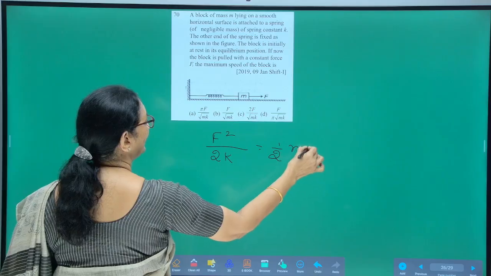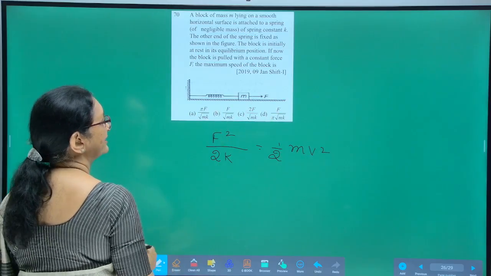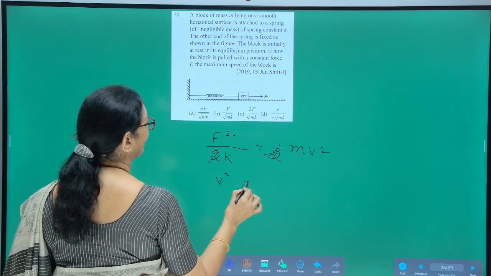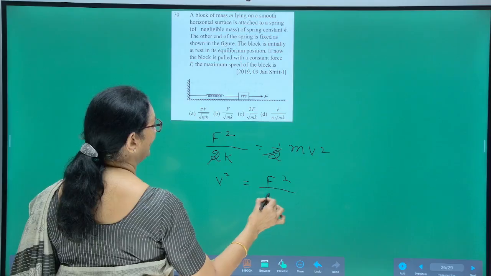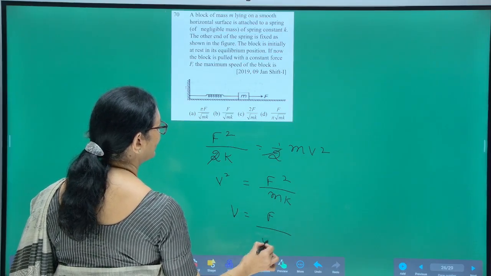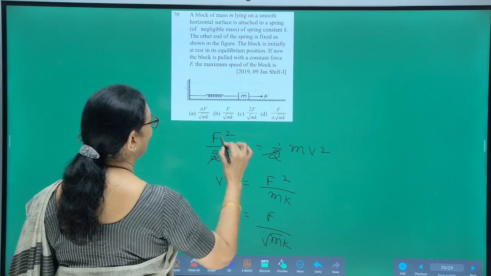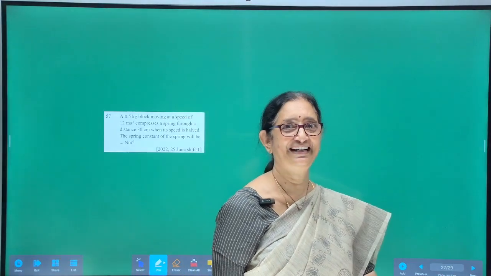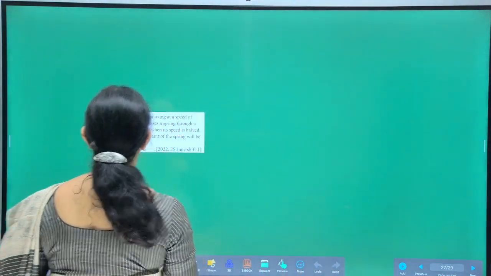If that is totally converted into kinetic energy, that is half mv square, so v square is equal to F square by mK, or v is equal to F by the square root of mK. This is the option. It's repeated as is.